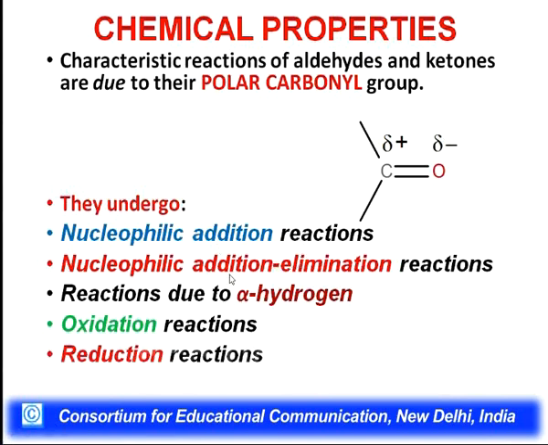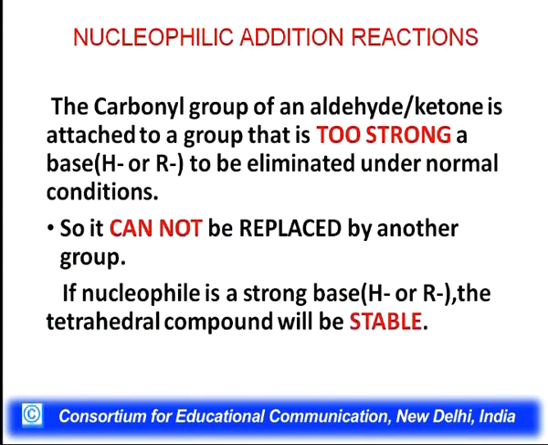So now if I look into the nucleophilic addition reactions, the question arises: why do aldehydes and ketones undergo nucleophilic addition reactions? The carbonyl group in an aldehyde is attached either to an alkyl group or to an H, except in formaldehyde where it is attached to two hydrogens, whereas in a ketone it is attached to two alkyl groups. And these two alkyl groups are too basic to be eliminated under normal conditions.